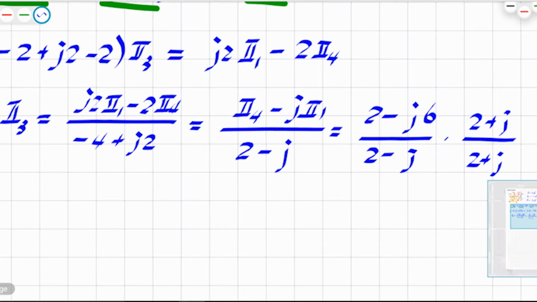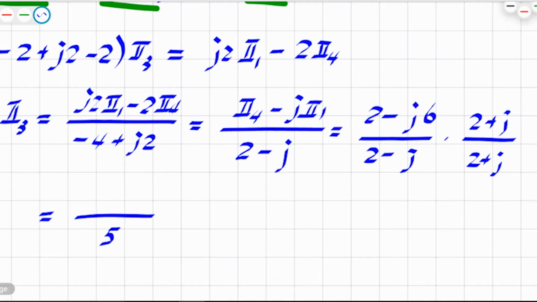But by doing that, I get rid of the imaginary part in the denominator. So the denominator is equal to 2 squared plus 1 squared, that's 5. The numerator is equal to 10 minus J10.